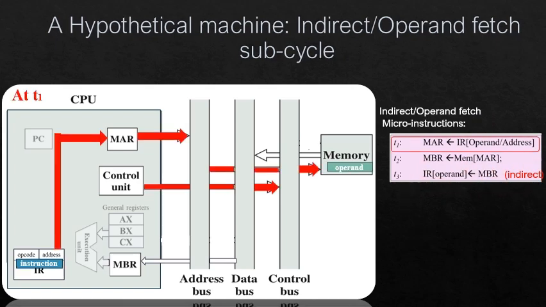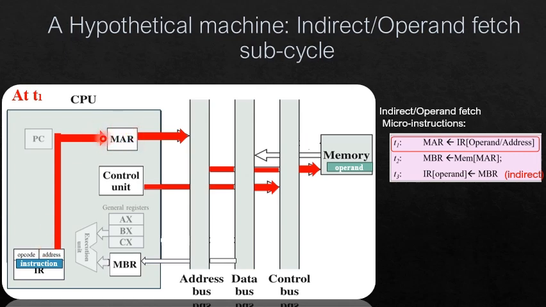Now let's look at the first micro instruction. What happened in the first micro instruction is that after the instruction reaches the IR in the fetch subcycle, the control unit will interpret it and get the portion of the IR which is the operand or address portion from the instruction, to be sent to the MAR, because that information tells where in the memory to fetch the operand for that instruction.